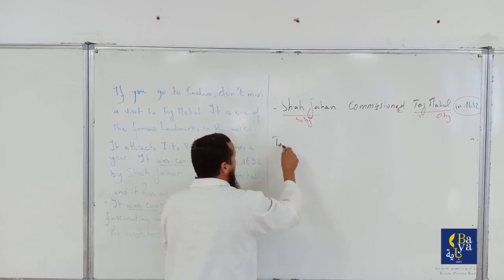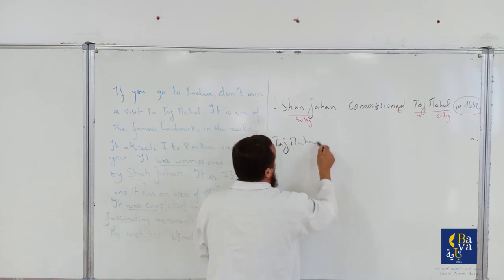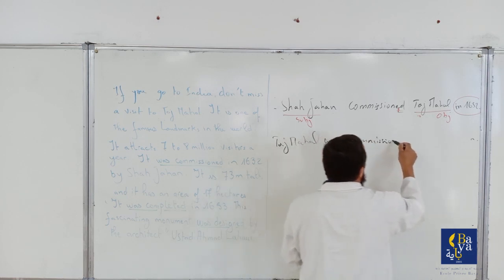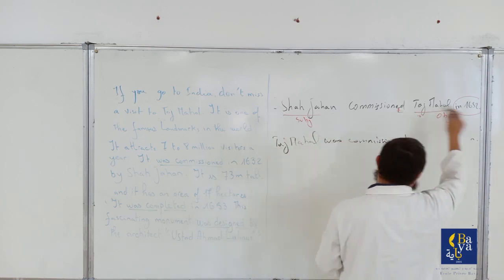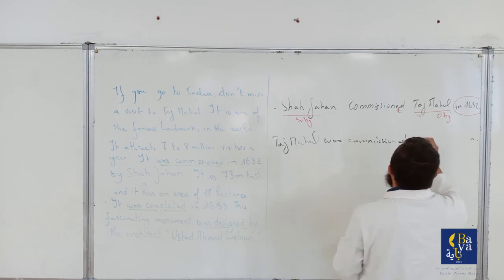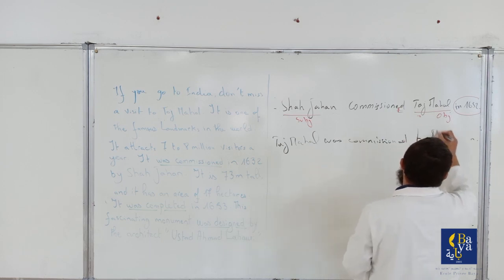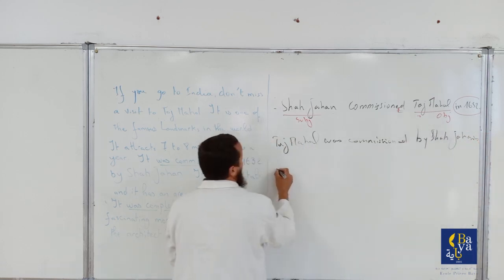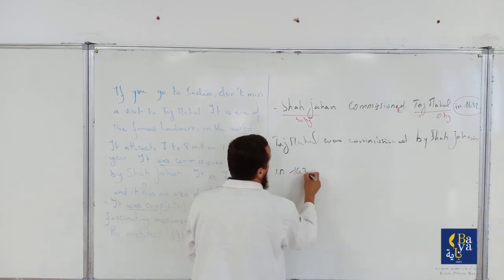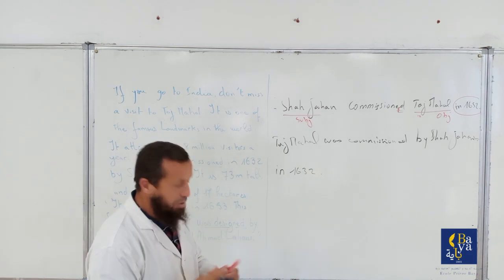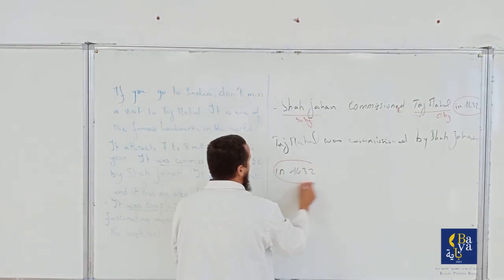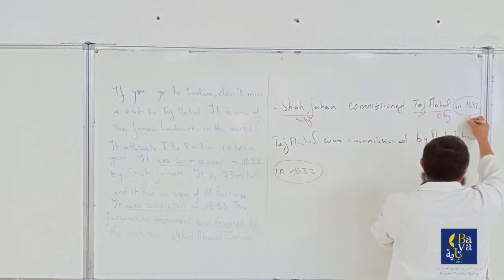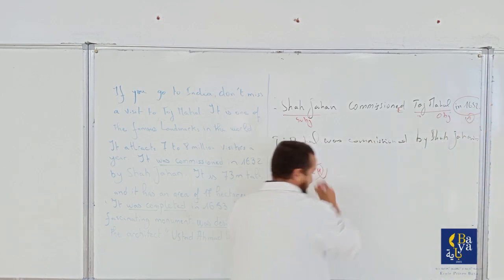So we say Taj Mahal was commissioned by Shah Jahan in 1632. So in 1632, it's at the end of the sentence here, and it is at the end of the sentence here.